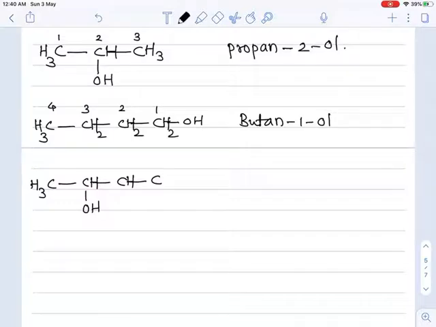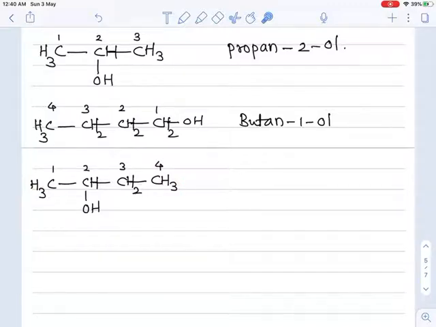If we complete the tetravalency of each carbon by hydrogen, we get its structural formula. So what is the IUPAC name for this compound? Number the chain so that this carbon gets the minimum possible number. If we number from this side, it gets number 2. If we number from this side, 1, 2, 3, and 3 is greater than 2. So from this side, this numbering is the correct one.